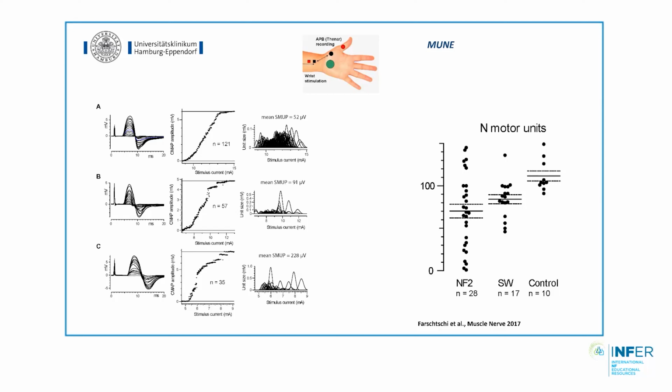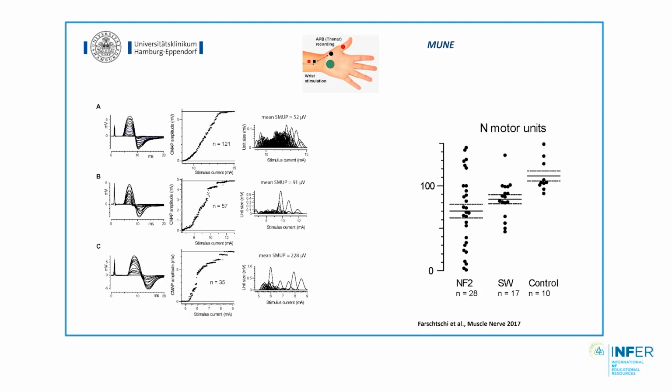The lower the number of motor units, the bigger are the leaps between the compound muscle action potentials of two different stimulus intensities. Compare row A, B, and C. Even more significant is the size of each motor unit. If you look on the third column of the left figure, you realize that the biggest motor units in A are about 0.1 millivolt.